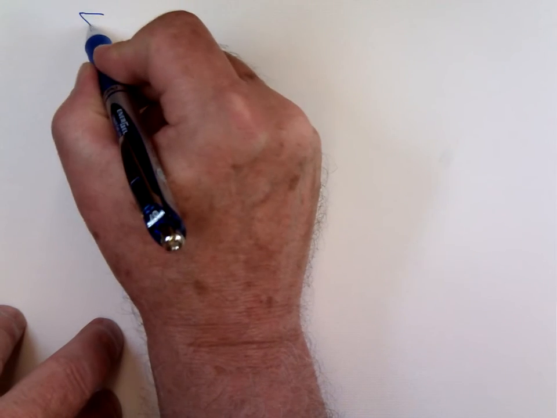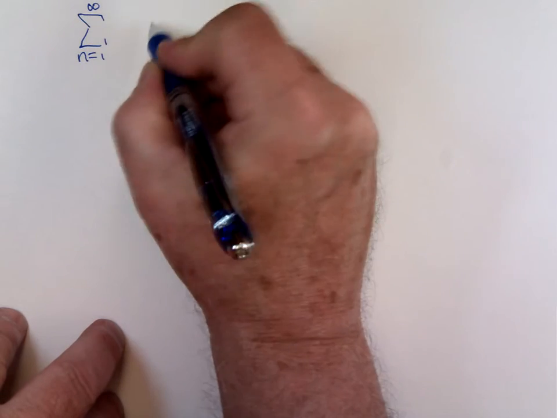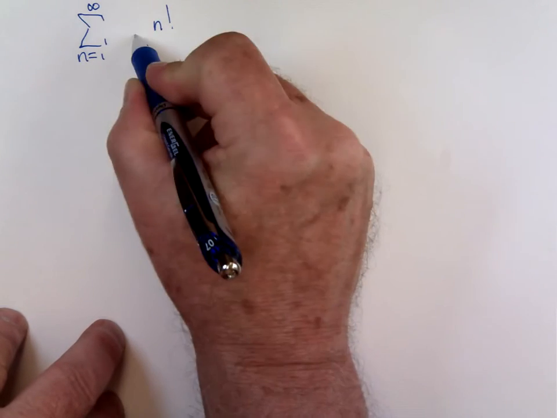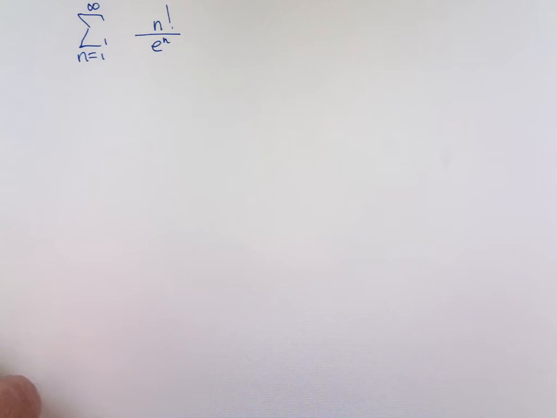All right. Let's take a look at this series. n factorial over e to the n. We haven't dealt much with factorials.